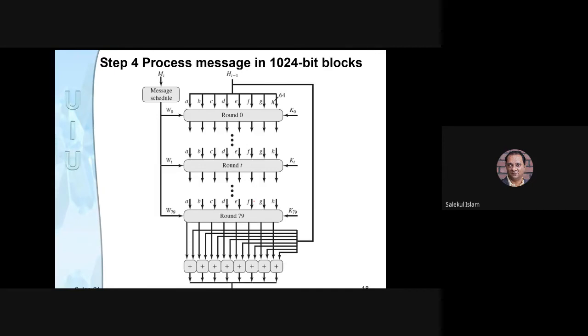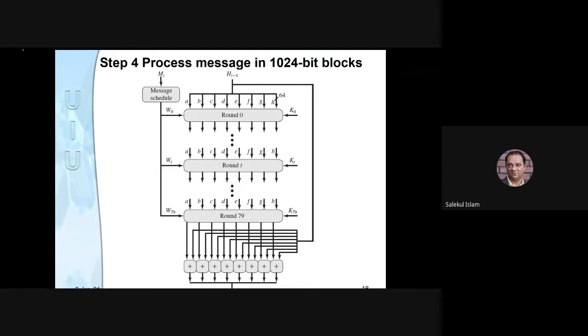So this is your step 4, where we calculate messages in 1024-bit blocks. This whole part represents the calculation of just a single block.